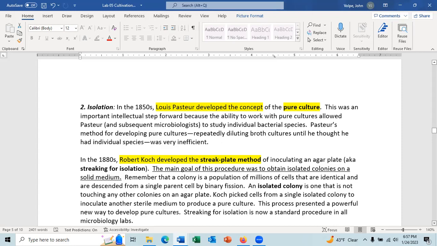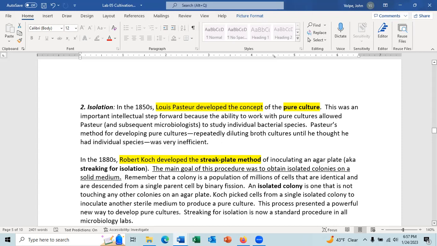And if he had one dilution where only one tube had growth in it, he would use that as his supposedly pure culture, because 9 tubes did not have any growth. And so the one tube that had growth meant that only a few or one cell was put into that tube to start it. And if you get growth from one cell, you know you have a pure culture. Like I said, that wasn't a very easy way to get a pure culture.